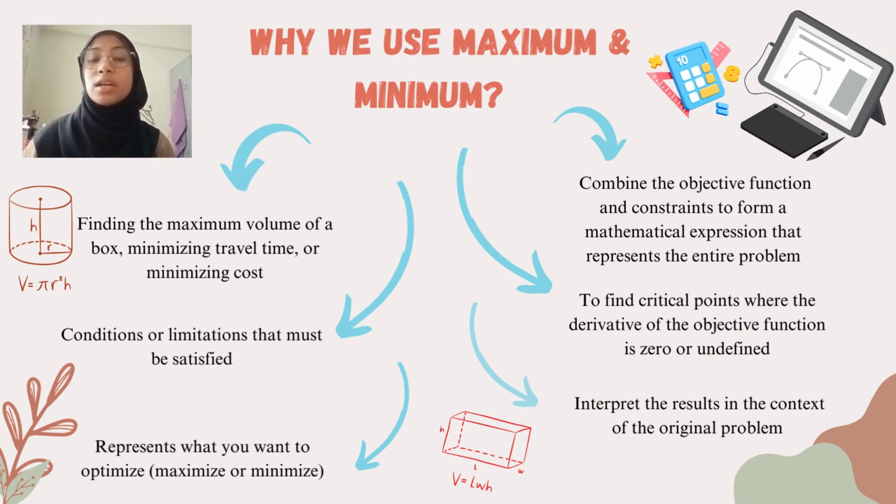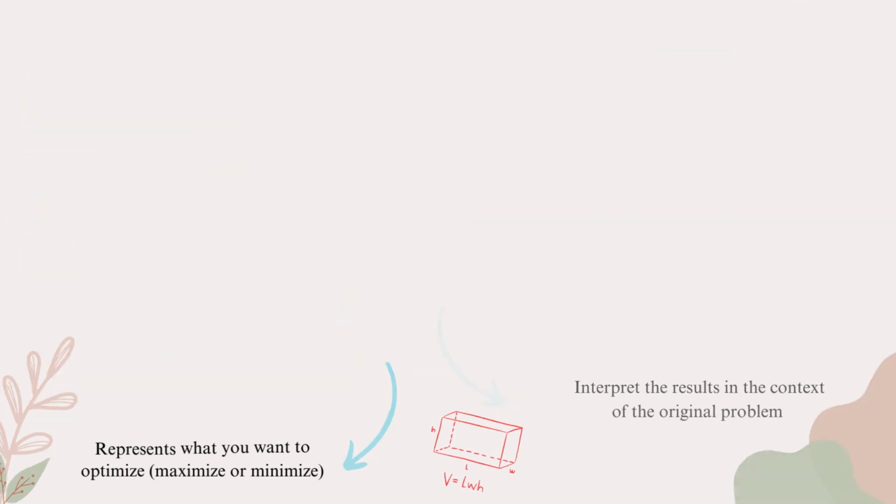This step illustrates how calculus, specifically differentiation and sometimes integration, is used to solve real-world optimization problems. By understanding the relationship between variables and how they interact under constraints, we can efficiently find optimal solutions to a wide range of practical problems.